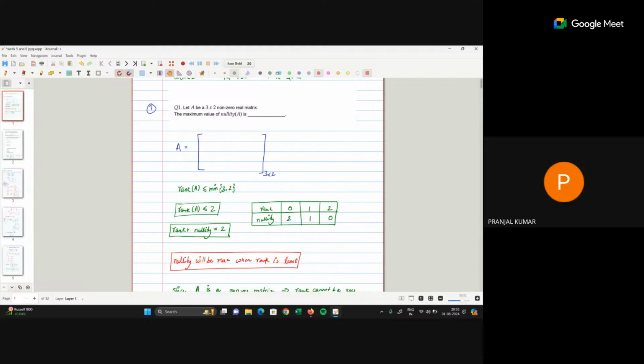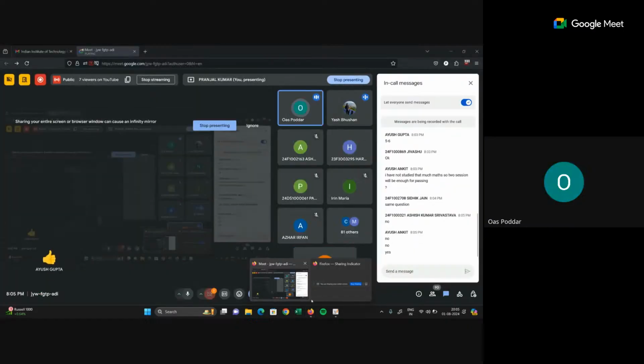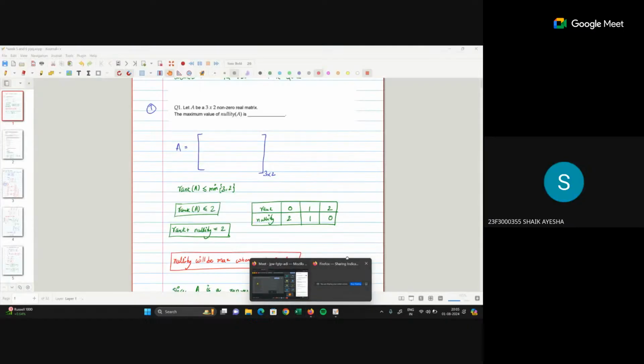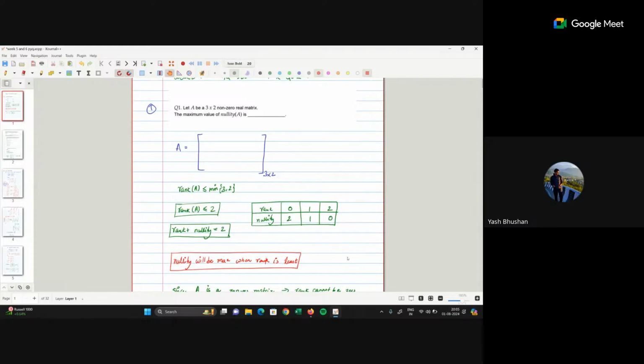Can you see this hand symbol? Can you see my notebook? Yes, sir, the notebook is visible. Try to write something. Now the cursor is visible. Okay, so let's start.